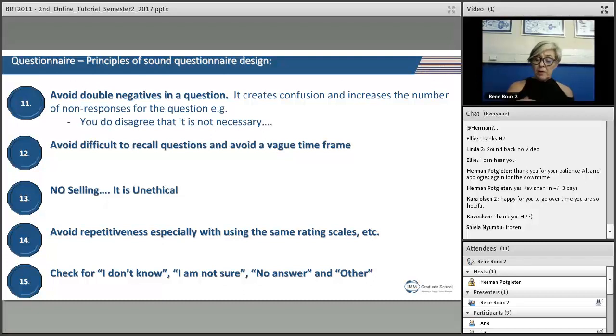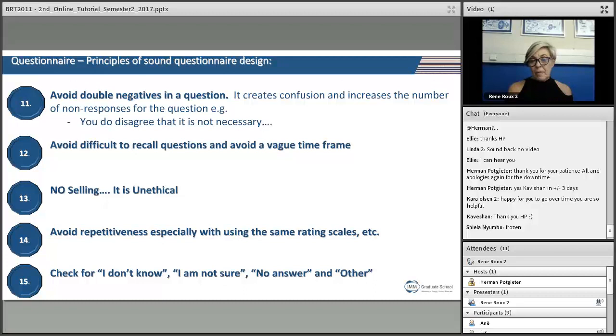Check when you provide a list of potential answers that you include I don't know, or I'm not sure, or no answer, or other. And remember, those things are not the same. So if you give them a list of chocolates, include other, because there might be a chocolate that you missed out on. So at least then give them the option of other.